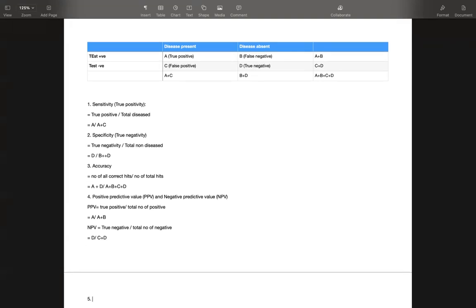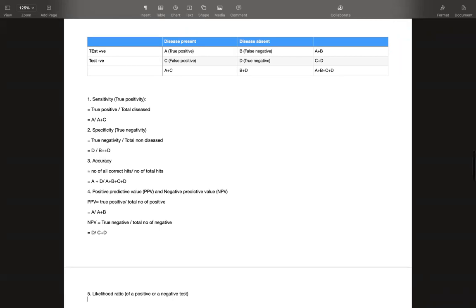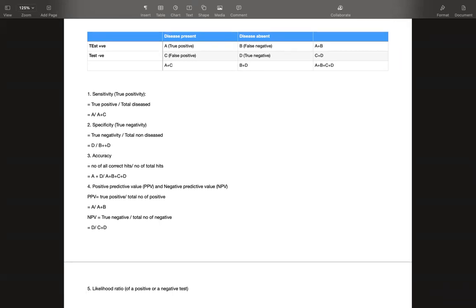So we have discussed sensitivity, specificity, accuracy, positive predictive value, and negative predictive value. Another value which we can find out is the likelihood ratio, of a positive or a negative test. Let's first discuss the likelihood ratio of a positive test.